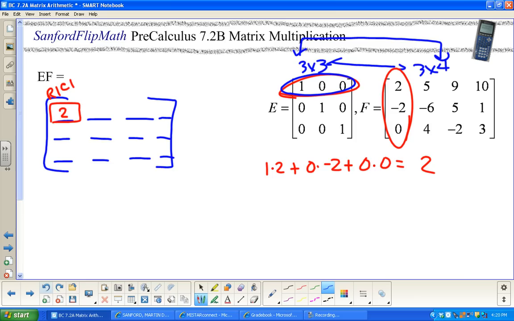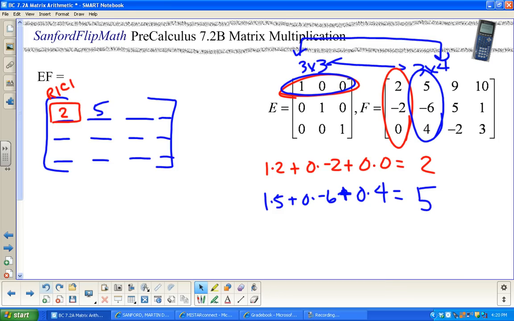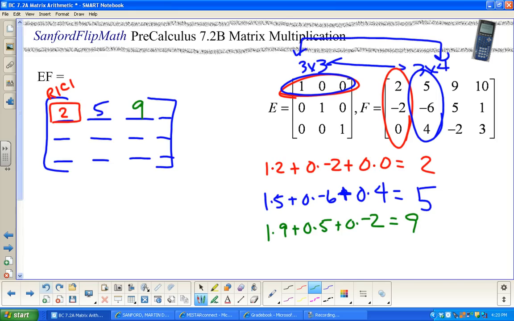Okay, if I do row 1, column 2, if I do row 1, column 3, well, sorry, that was a goofy looking, sorry, times just 5, and then 0 times negative 2. Anybody want to make a wager on the next one?